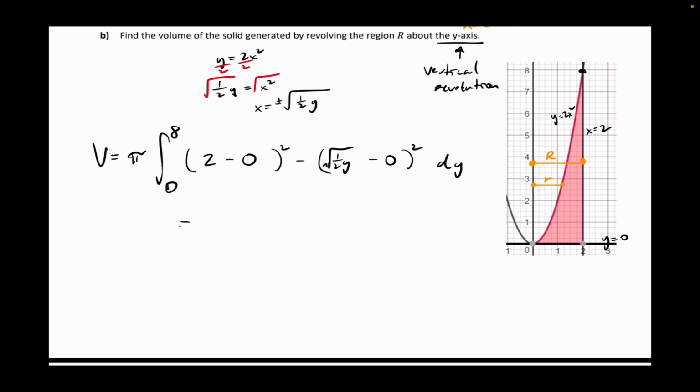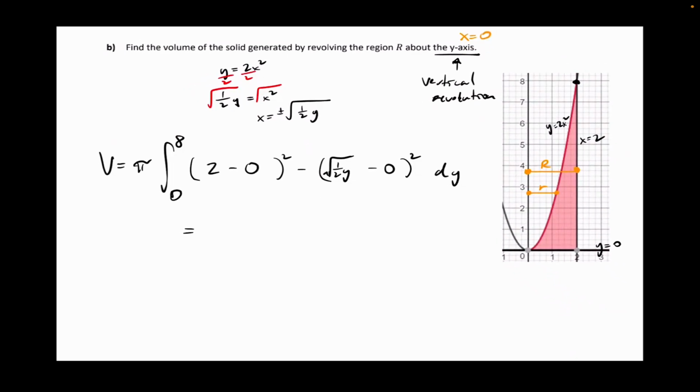Okay, so that's another vertical revolution. So when you plug that into your calculator, you should get around 50.265.